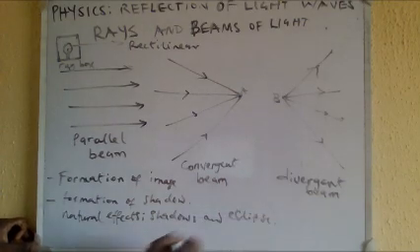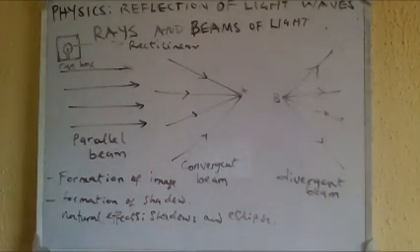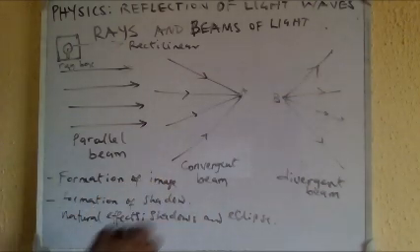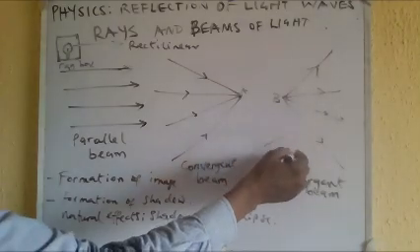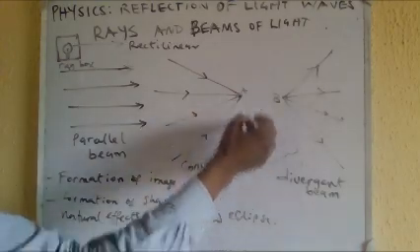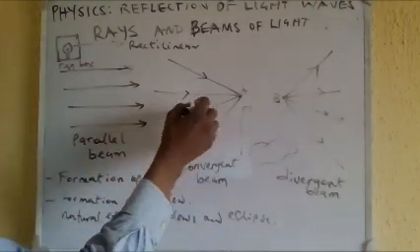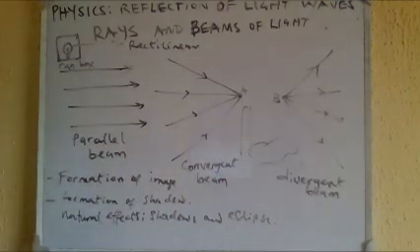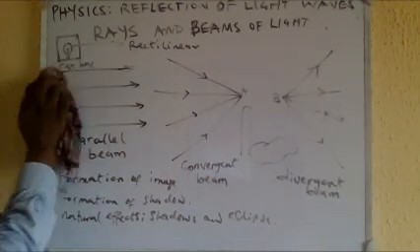Okay, so for shadow, naturally when you stand, you see a dark outline of yourself. Maybe you are standing and you are facing the light source.